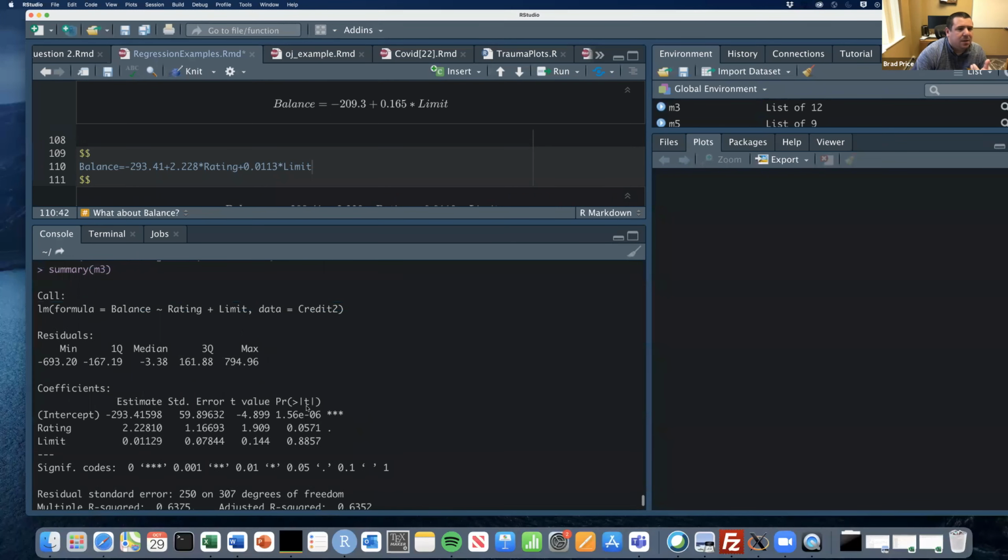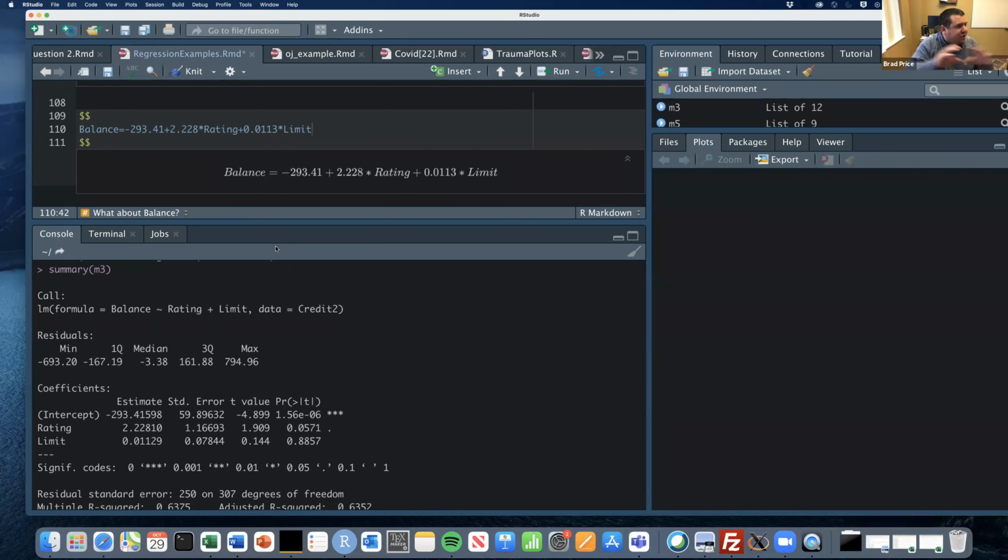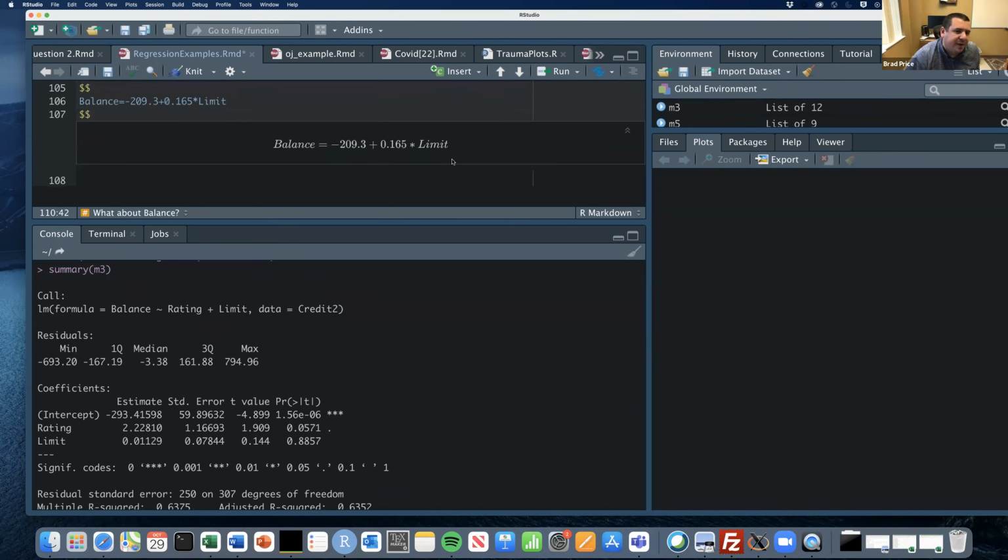Well, wait a second. When we just use limit by itself, limit was an important predictor of balance, right? So how can we add rating in and limit's importance just disappear? How does that work? Listen to how I say this. When we're interpreting the simple linear regression model, we're saying, given we increase limit 1 unit, here's how it affects balance.